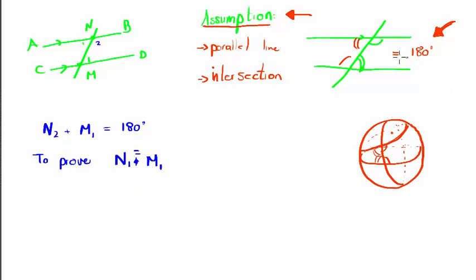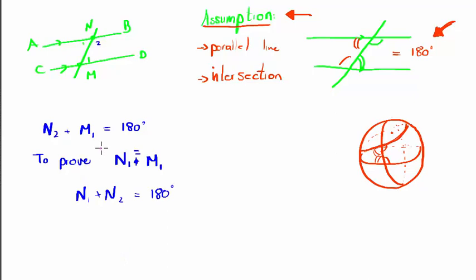If N1 and N2 are equal to 180, meaning if you use the same thing, N1 plus N2 is equal to 180 degrees, and M1 is equal to N2.